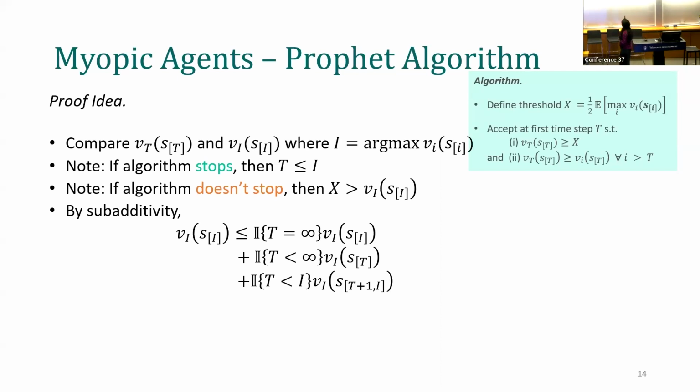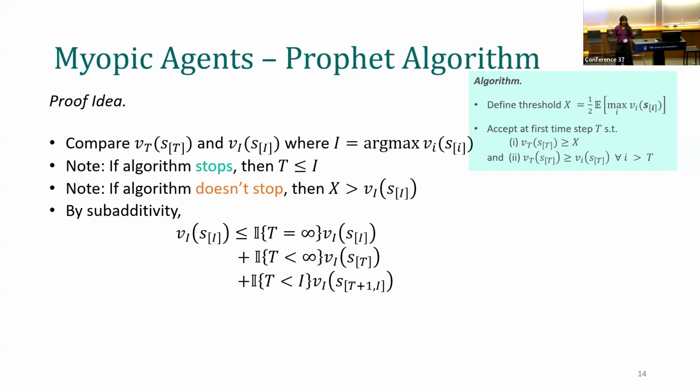And this can be shown mainly by looking at the second case, right? The optimal agent will always satisfy the second stopping condition. So if anybody is going to satisfy the first condition, which is that their value is greater than x, obviously the optimal agent's value is also going to be greater than x. So we wouldn't reject the optimal agent.